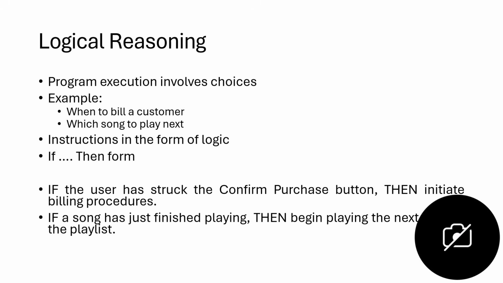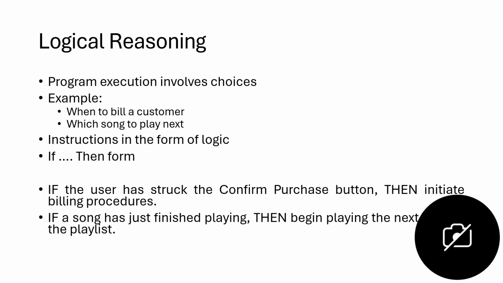So here, if the user has clicked the confirm purchase button, like checkout, confirm, continue, some such button, we are initiating the bill. In Zomato, you add all the orders, then when we place the order, the particular menu will be booked for us.